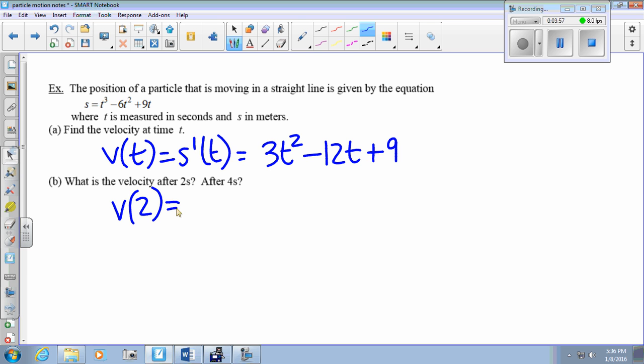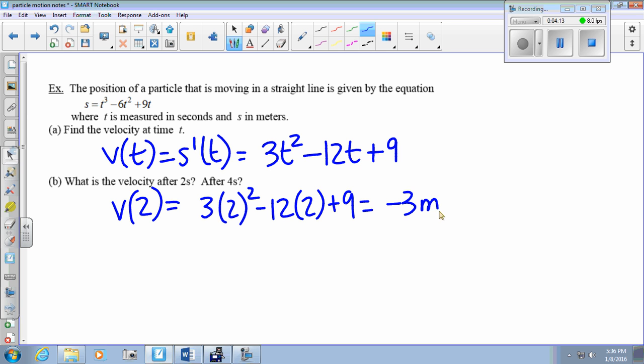To answer that question, we're just going to take our numbers and plug them into our formula. So 3 times 2 squared minus 12 times 2 plus 9 would give me a velocity of negative 3 meters per second. Because remember, the velocity is the rate of change of distance with respect to time. That's why meters per second.